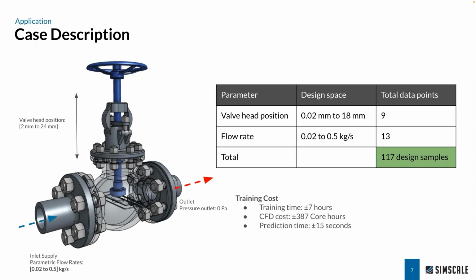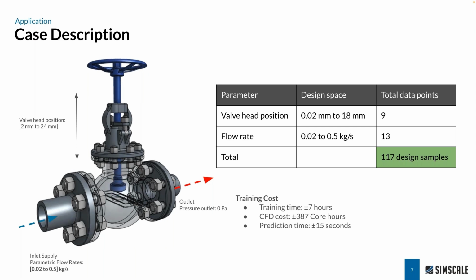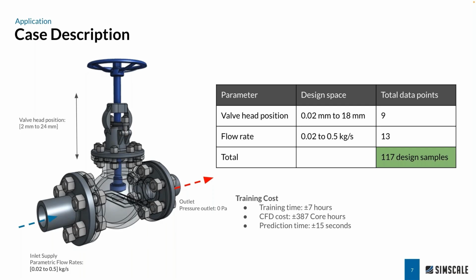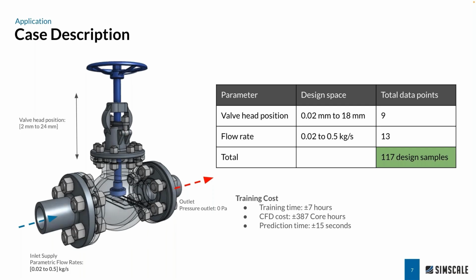For example, here you can see we have the geometry variations that range from 2 millimeters to 24 millimeters on the valve position. And we have a supply rate of 0.02 kilograms per second up to 0.5 kilograms per second. That's going to be applied for each of the valve positions here.